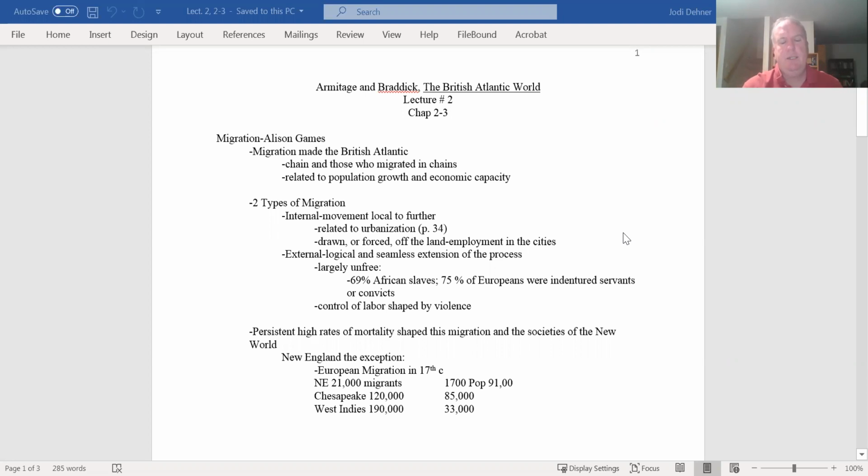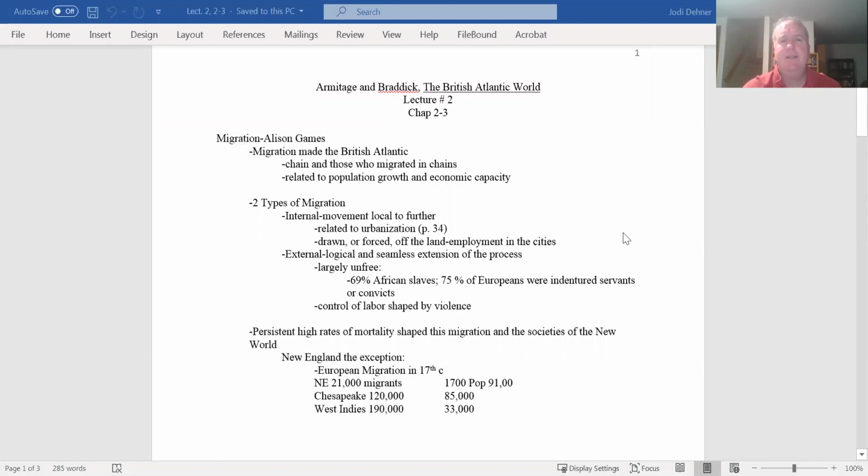So chain migration is a concept in migration study that Games is drawing upon, and then she uses that to also talk about what we will see is the primary type of migration in this Atlantic world system, which is migration in chains as opposed to chain migration. Chain migration carries with it the idea of some measure of choice.